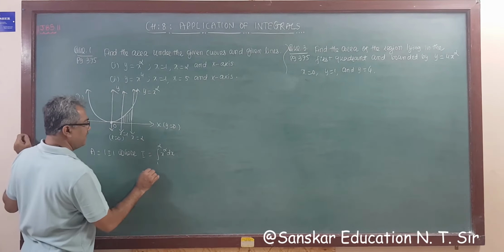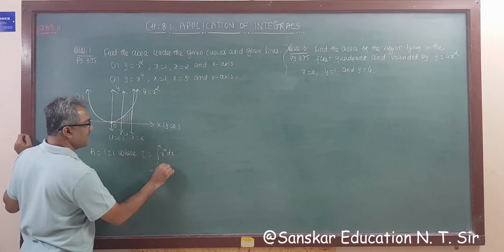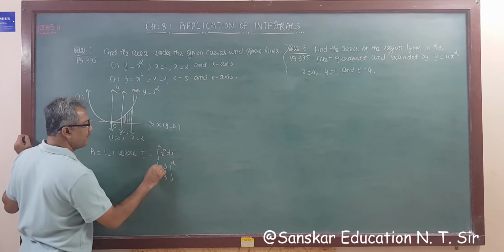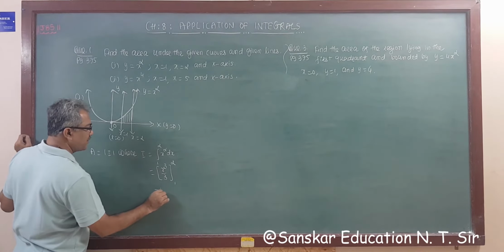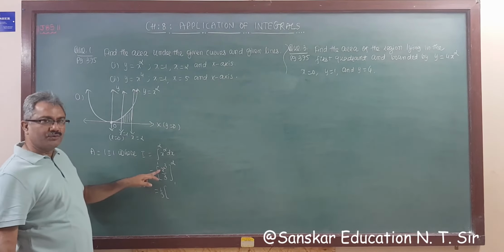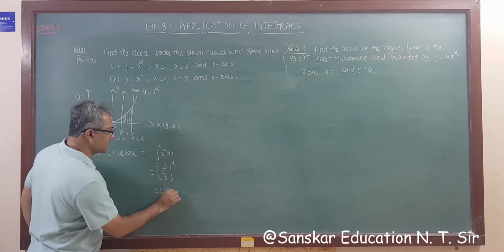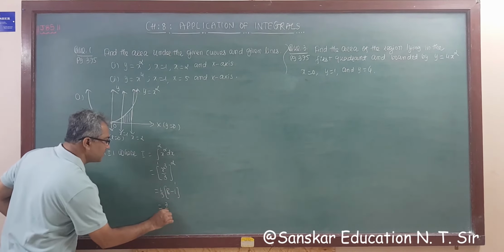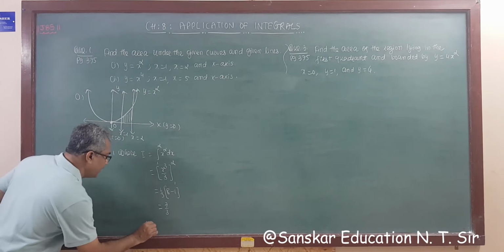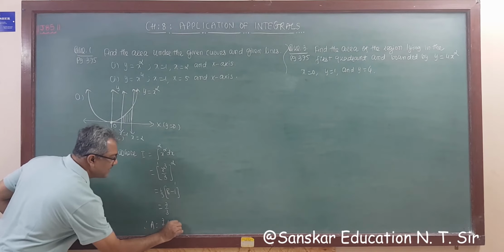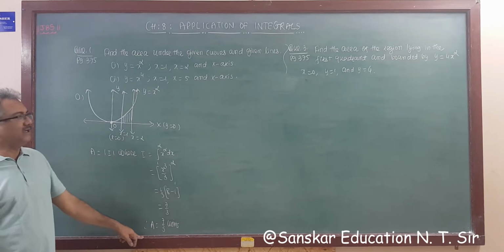So what we get here, the integration of this is x cube by 3 and the limit is 1 to 2. So this is 1 upon 3, right? Now substituting x equal to 2, we get 8, and if we substitute 1, we get 1. So the answer is 7 by 3. This is I. Therefore A is equal to 7 by 3 units, because this is I, that's why we have to write A, right?